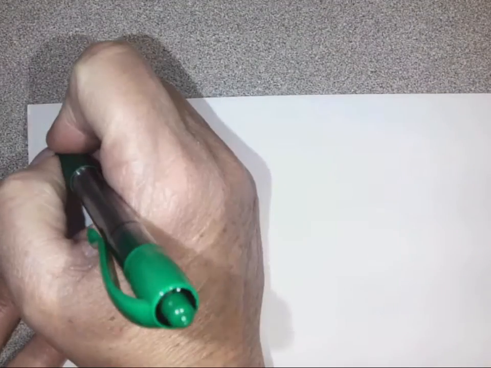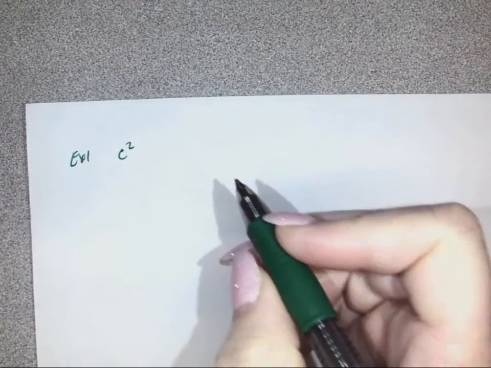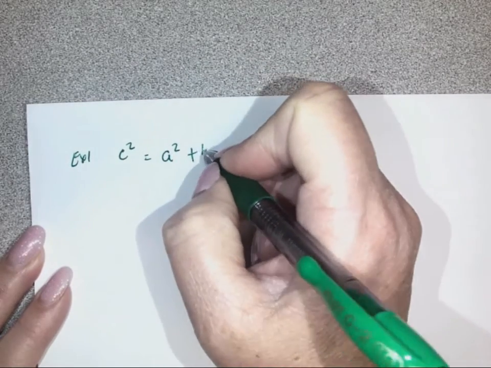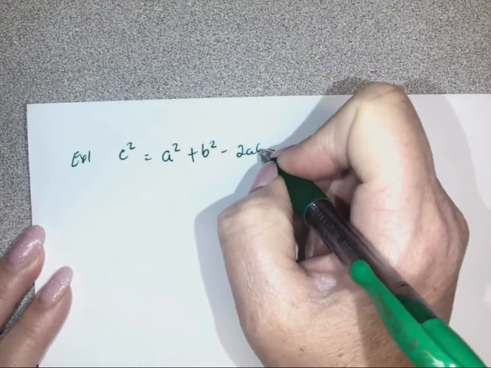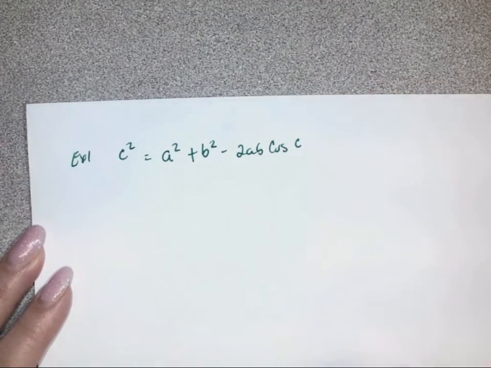So I am going to write this as c squared is equal to a squared plus b squared minus 2 times ab times the cosine of angle c.